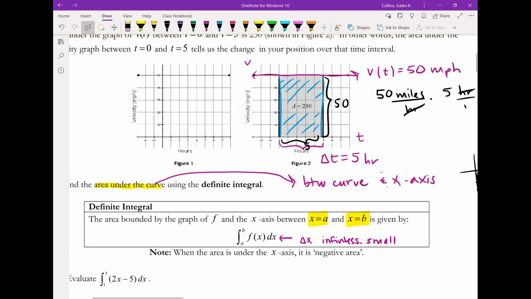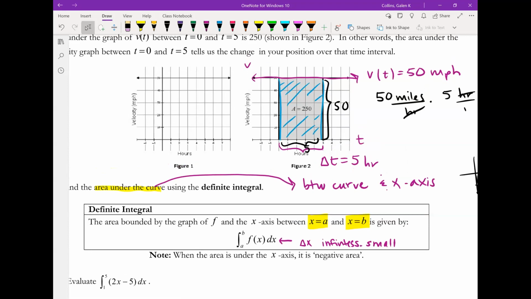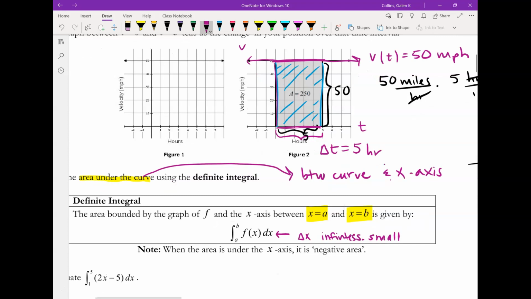So if we go back up to this example with the rectangle that we just did, this 250 was our height, like this was our v of t, or in this case, f of x. This delta t, that was 5. Delta t is like our dx, or in this case, it would be like a dt.